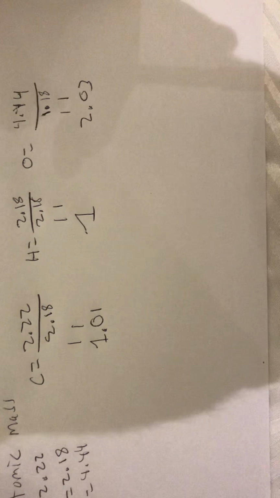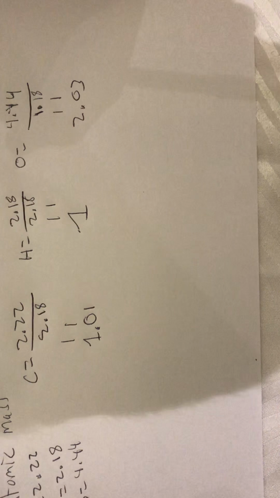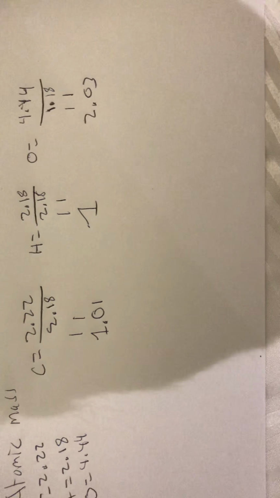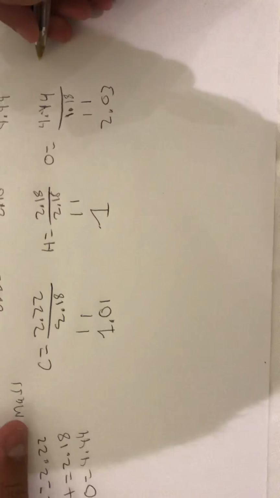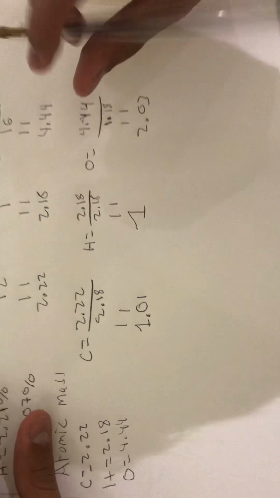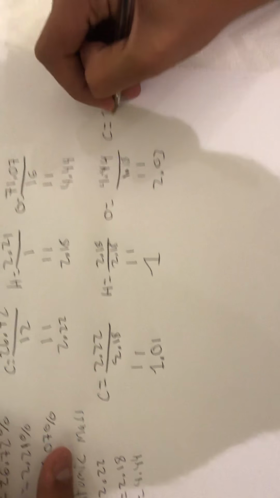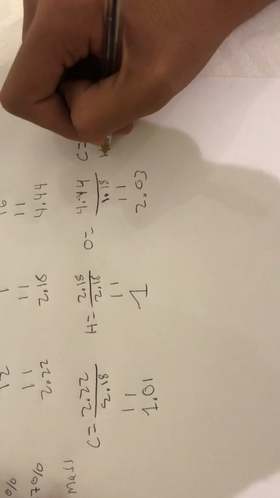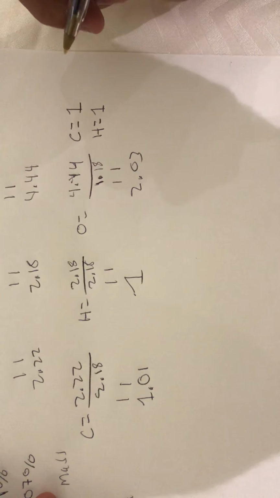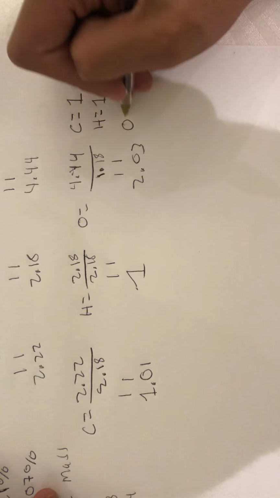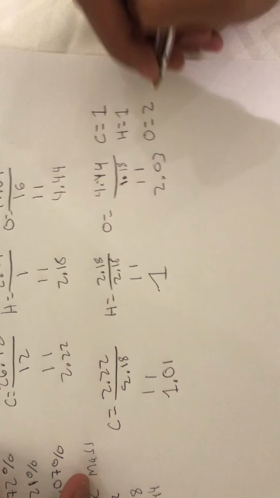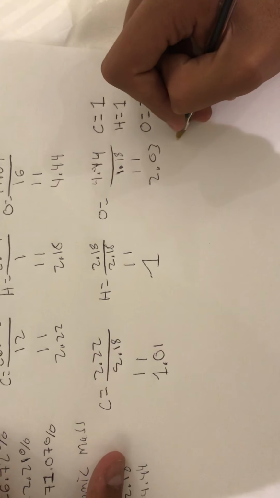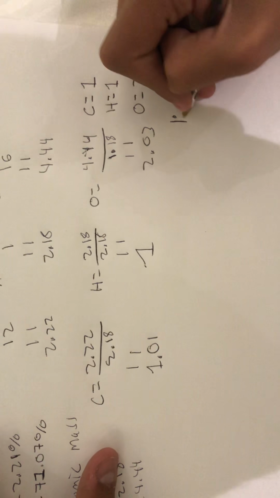Okay. Now we have to convert the ratio to a whole number. The carbon was 1.01, so we're gonna put 1. Then the hydrogen was 1, so it's already a whole number. And oxygen is 2.03, which would be 2.